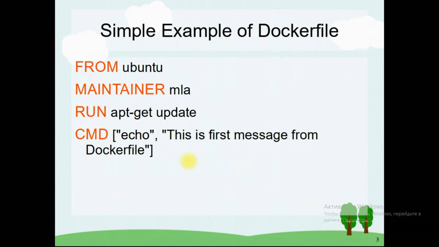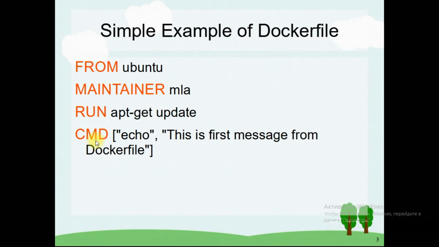This is a short list of a few instructions which gives an understanding of how they look. So we have a simple Dockerfile with 4 different instructions: FROM, MAINTAINER, RUN, and CMD.